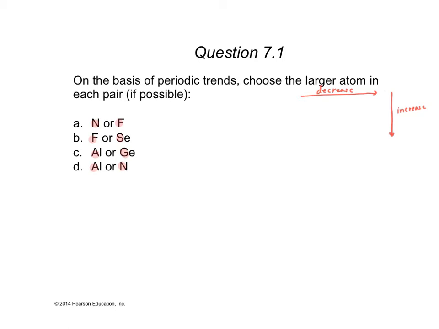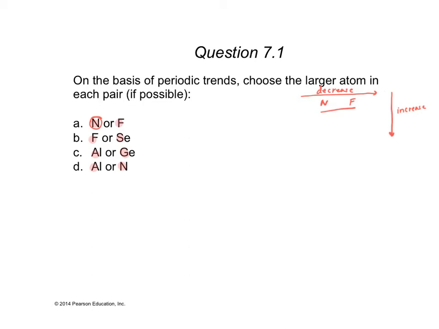All right, so for A, we have nitrogen versus fluorine. These are both in row 2, period 2. Nitrogen is here, and fluorine is to the right of it. If we are in the same exact row, fluorine is farther to the right, meaning it's smaller. So for this one, nitrogen would be the larger atom.